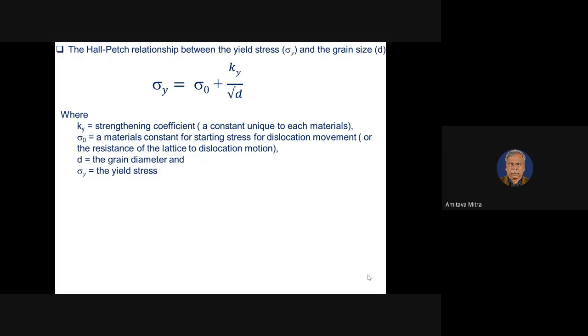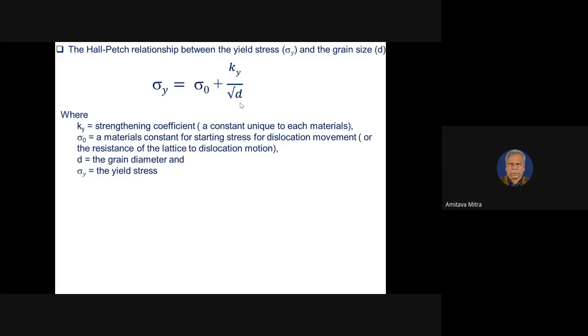In this equation, actually, Ky is a constant, and it depends on the material, and sigma 0 is the yield stress at the normal conditions of the material. So sigma y is equal to sigma 0 plus Ky by root of d. d is the grain diameter of the materials.